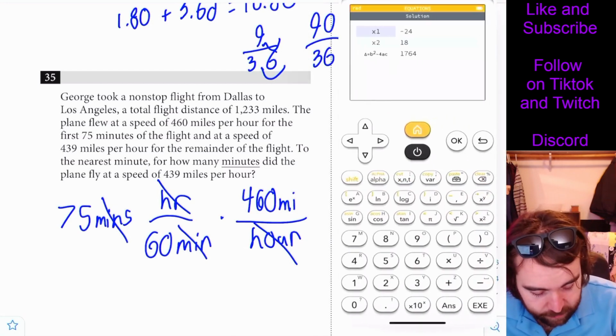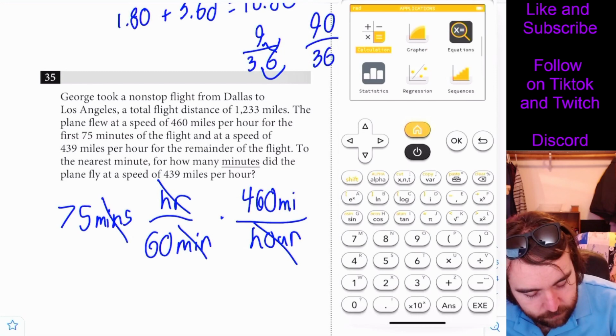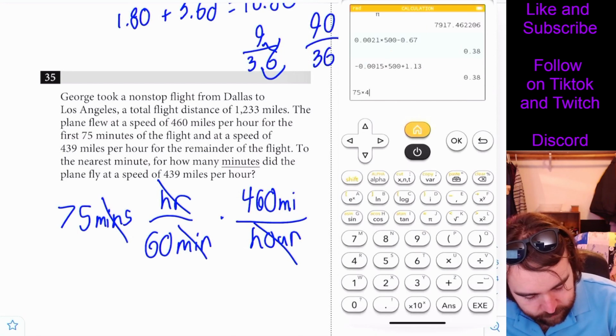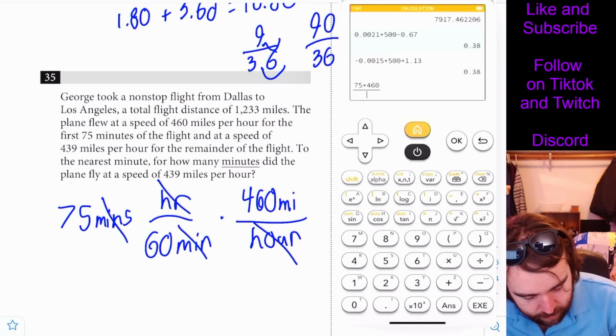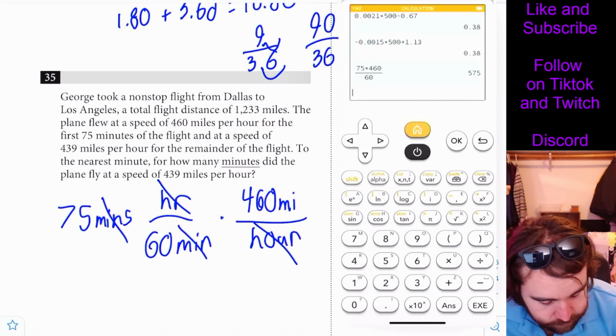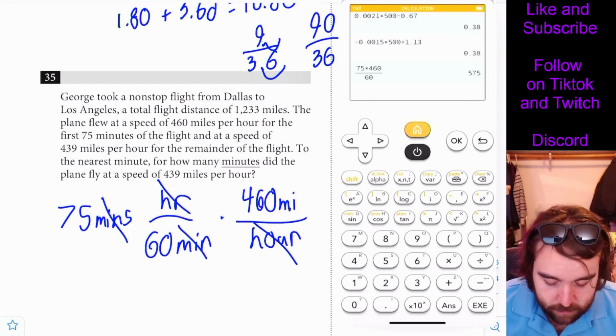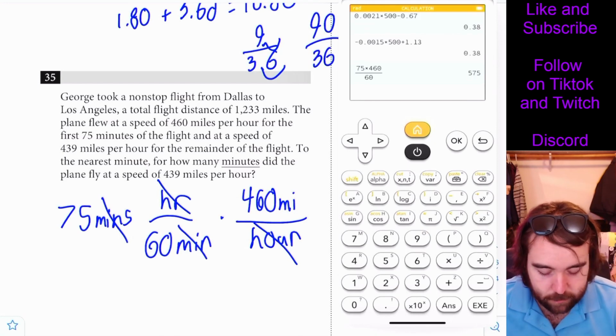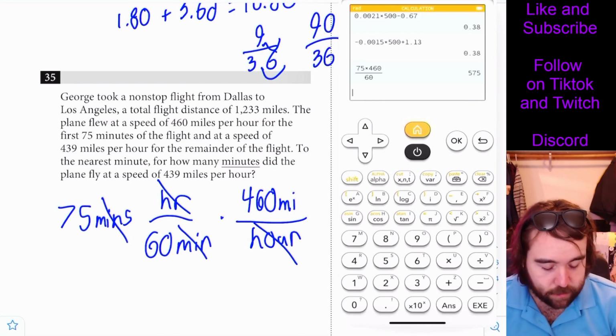Should we go ahead and put that on the calculator? So in that first 75 minutes, they went 75 times 460 divided by 60 miles. So they covered 575 miles in 75 minutes, which makes sense, I guess. It should be a little more than 460 since that's how much you go in an hour. So they've already covered 575.